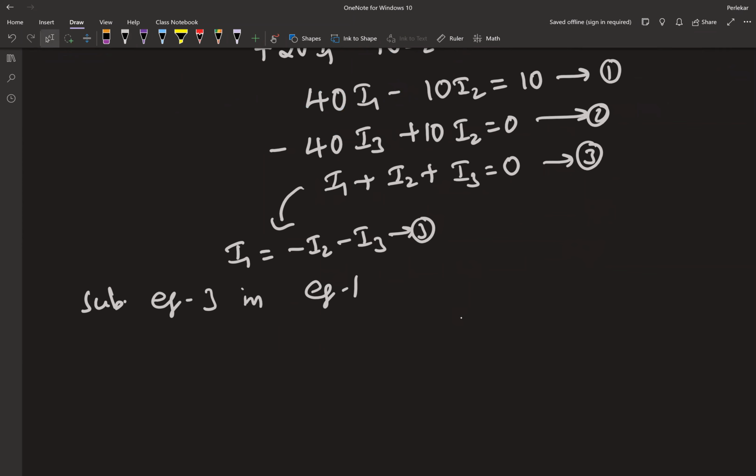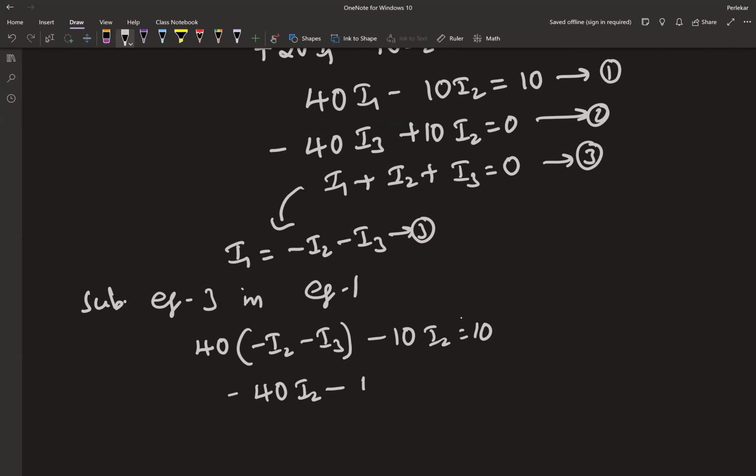So if I substitute equation 3 in equation 1, 40 times minus I2 minus I3 minus 10 I2 equal to 10. So minus 40 I2 minus 40 I3 minus 10 I2 equal to 10.